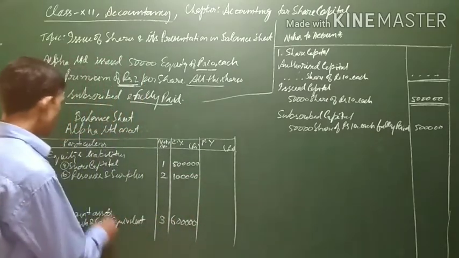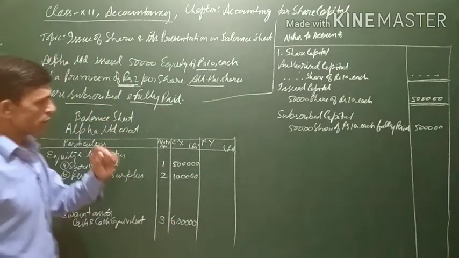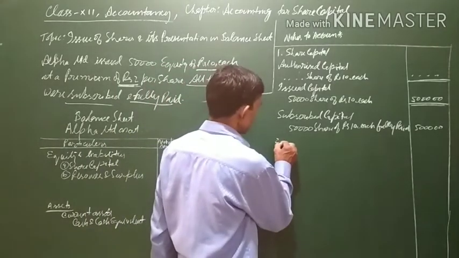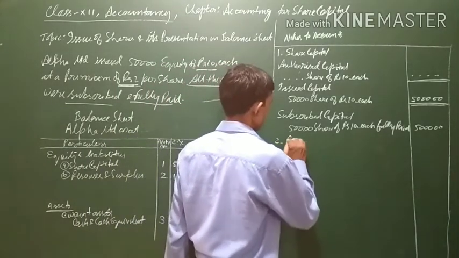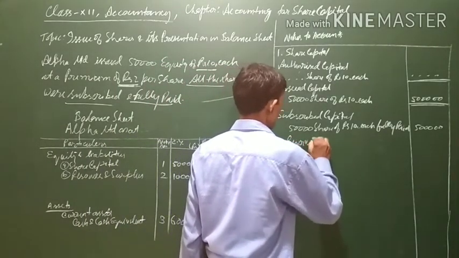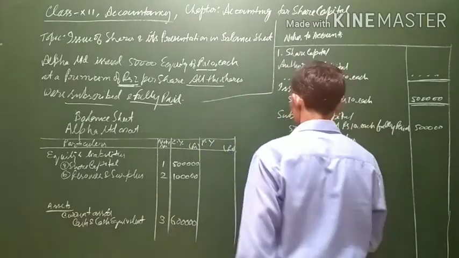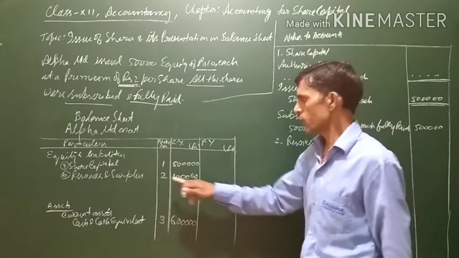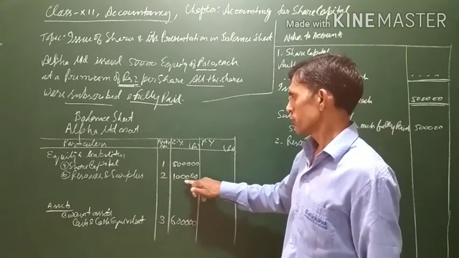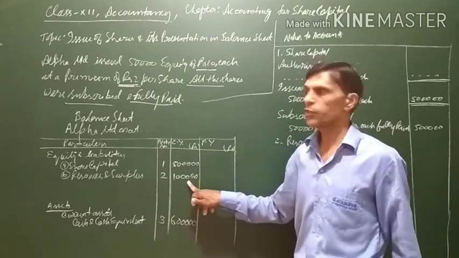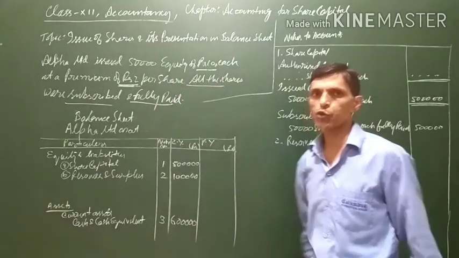Now let us come to the second note to account, that is 2. It is related with reserve and surplus. What does this reserve and surplus indicate here? It is related with the securities premium which has been received at the rate of rupees 2 per share.